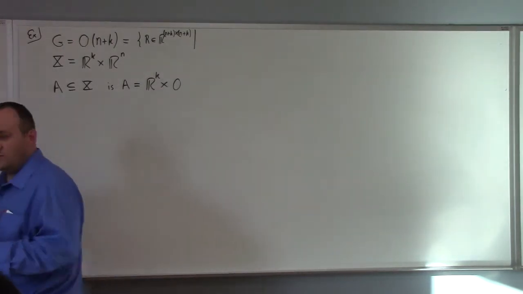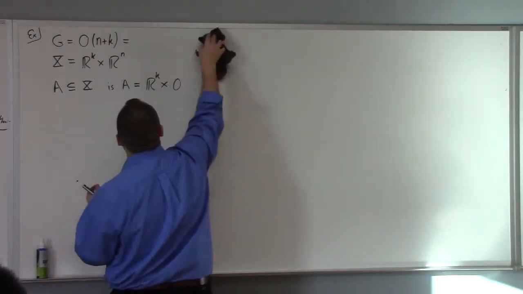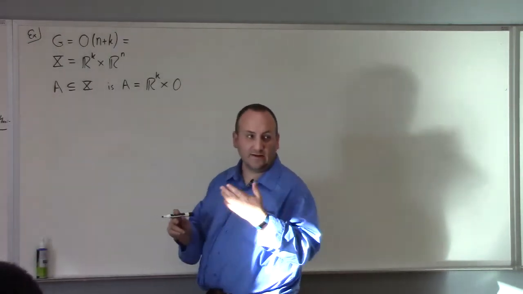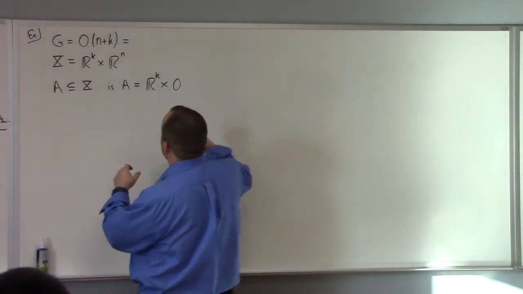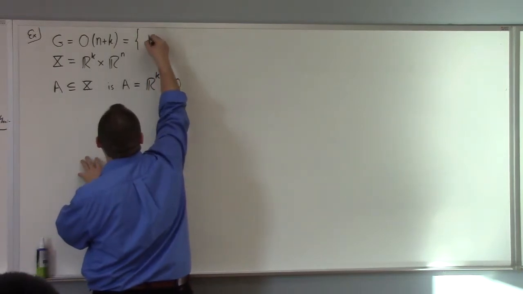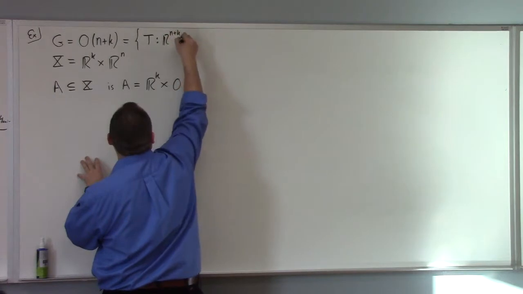This is not a matrix group in the current context. It's a what? I mean, you could look at it. You can either look at it as a matrix group or a group of transformations. Let's look at it as a group of transformations. As a group of transformations for the moment, it is easier for me to write it this way. It's a transformation T going from Rn plus k to Rn plus k.